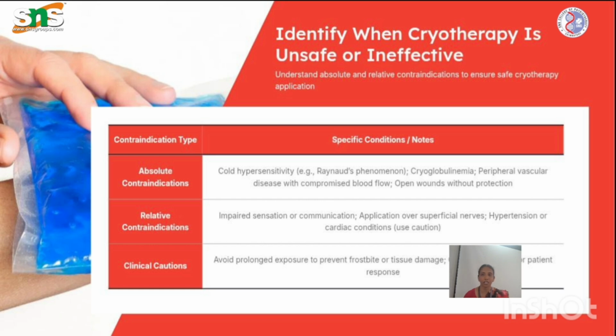Relative contraindications include impaired sensation or communication, application over superficial nerves, and hypertension or cardiac conditions. What situations need caution? Avoid prolonged exposure to prevent frostbite or tissue damage, and continuously monitor the patient's response to cryotherapy.